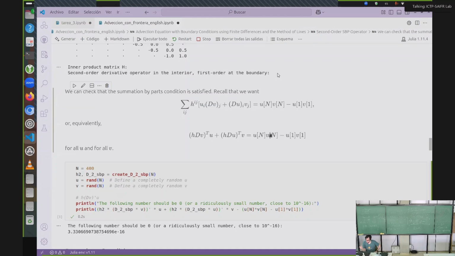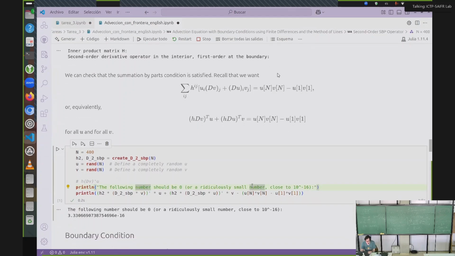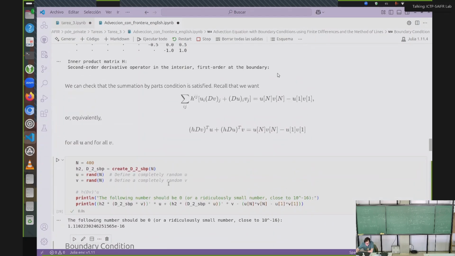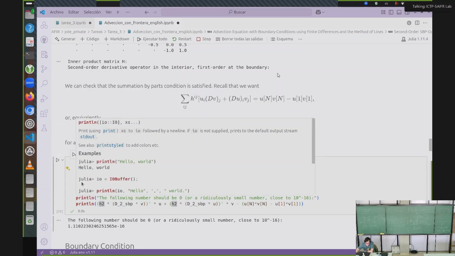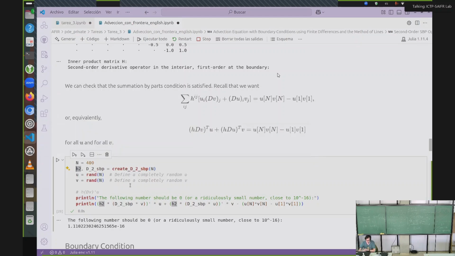The difference at the boundary between these two products. This is exactly what we are doing here and what we will have to do later on with the fourth order. Here you will have to find the H matrix for the fourth order calculations. And here you will have to use the fourth order operator.